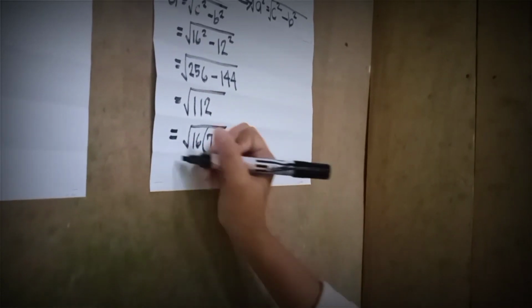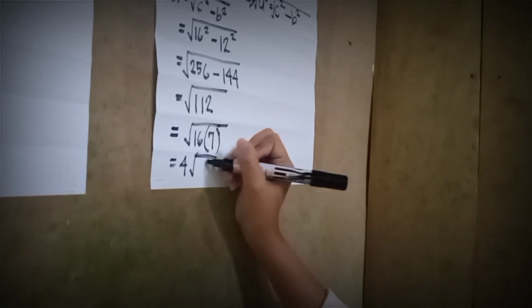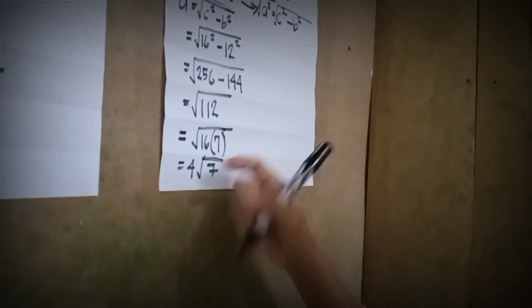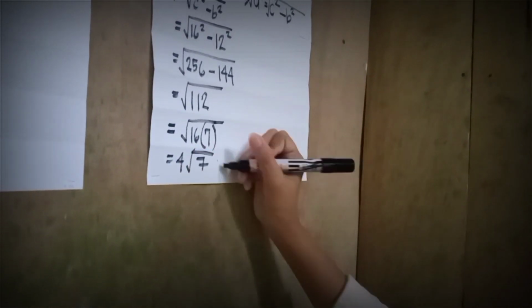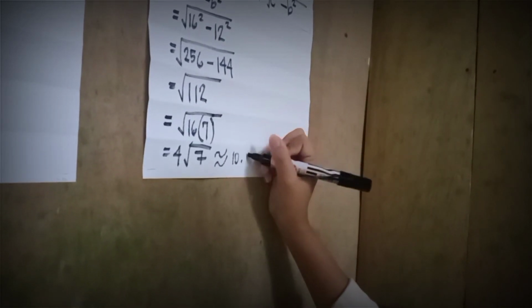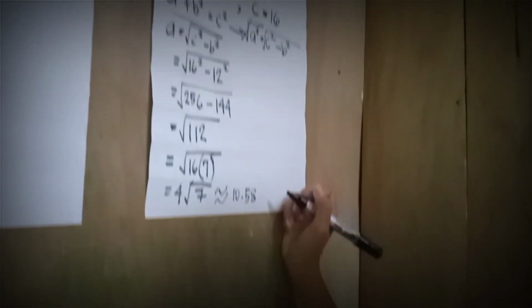So, the square root of 16 times the square root of 7, which is 4 square root of 7, which is approximately 10.58. So that will be the answer.